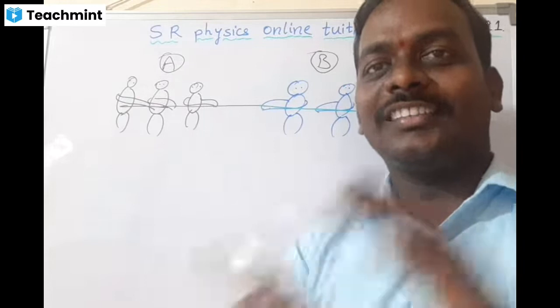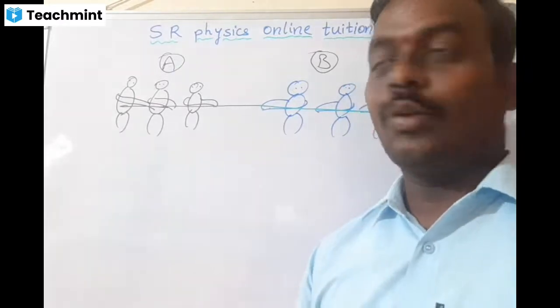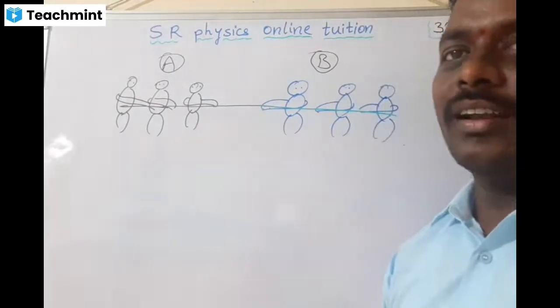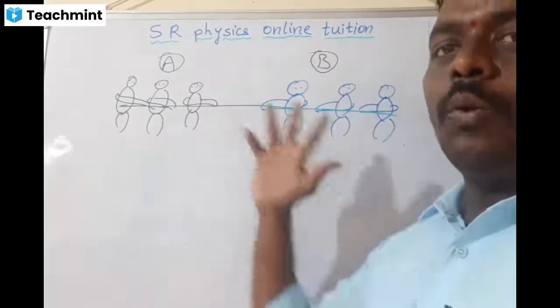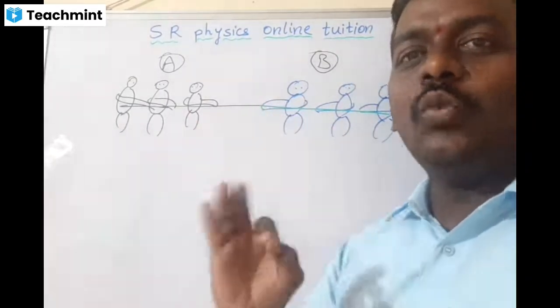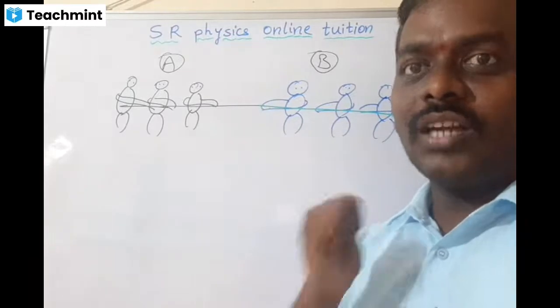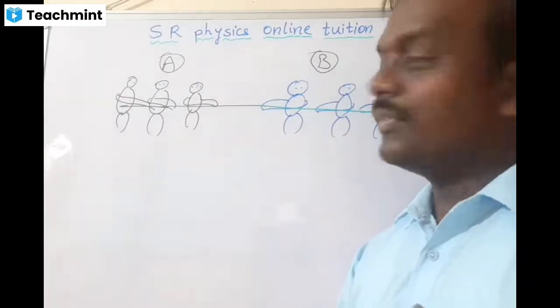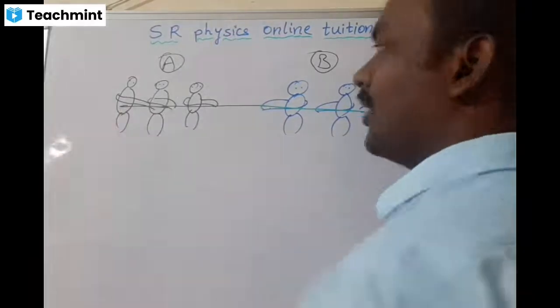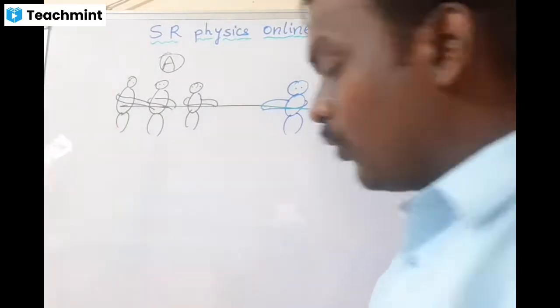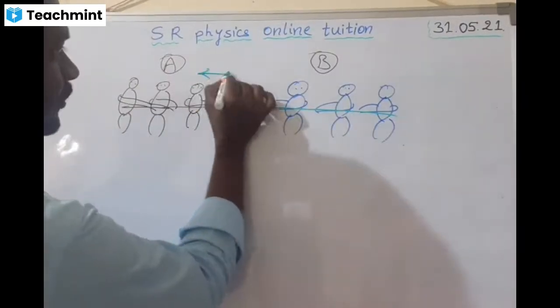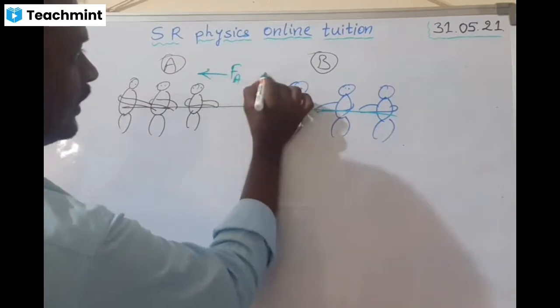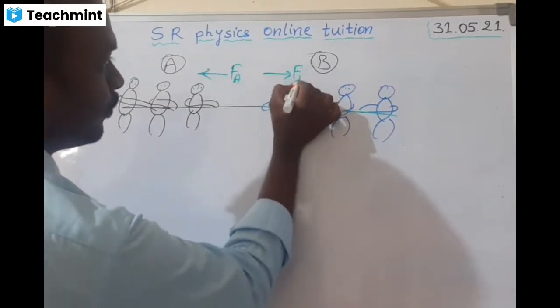Okay, now let us keep that probability aside and come to this. Suppose these persons and these persons both have an equal amount of strength, then what will happen? If they are applying the same amount of force on both sides, the total force applied in this direction is Fa, and in this direction is Fb.